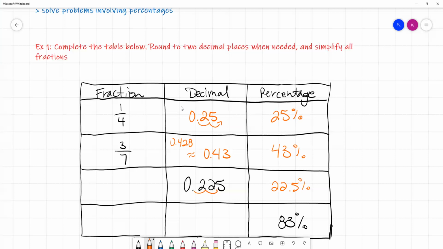Remember, this is the tenths, hundredths, thousandths place. So 225 thousandths, I can actually write it as a fraction. That's where you start. You start by using the place value as the denominator and putting the number in the numerator.